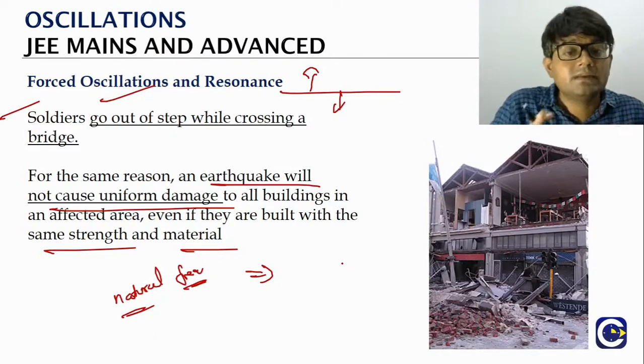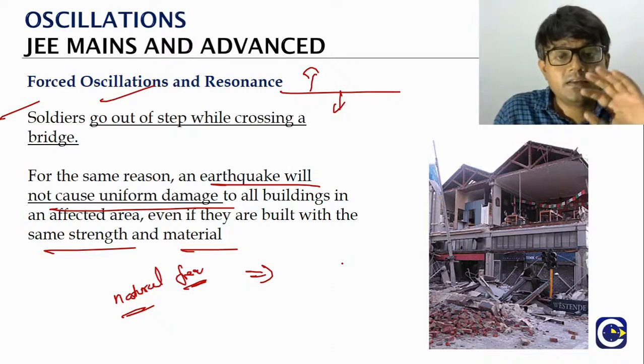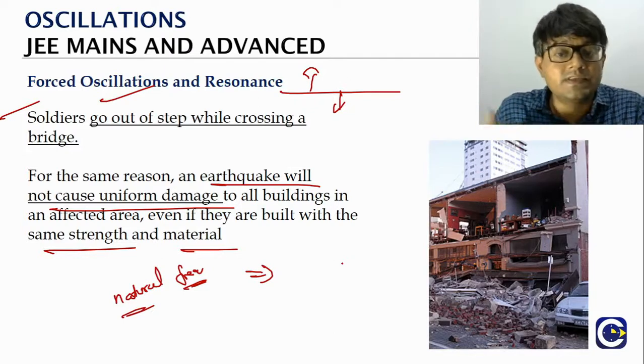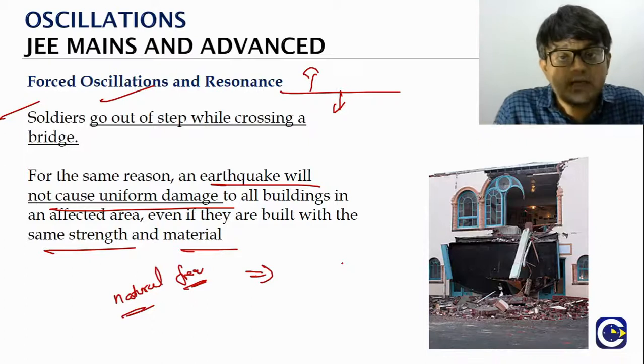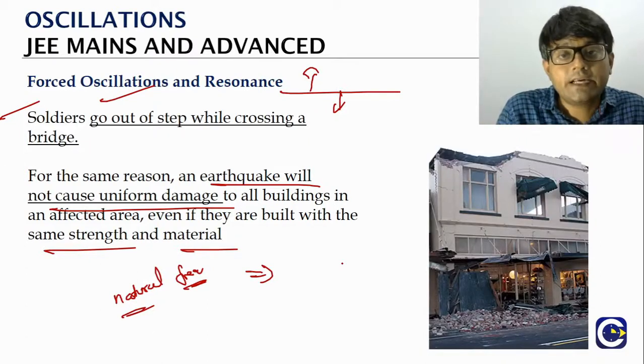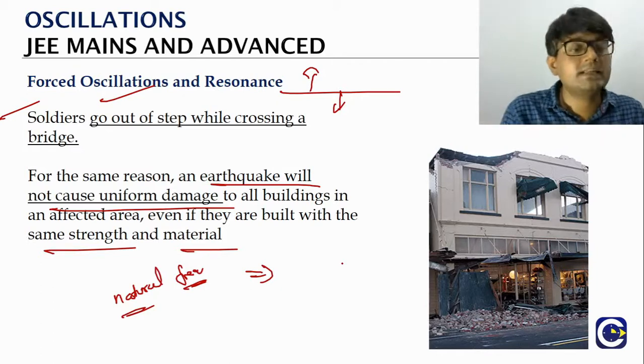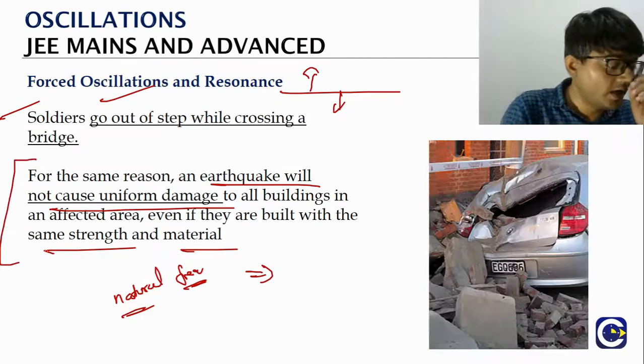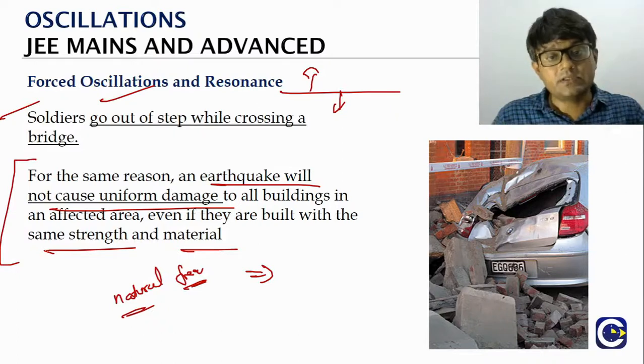Whereas for some buildings, the driving frequency and the natural frequency might be too different. In that case, the building will have almost no damage. So that is another practical application of where we see resonance.